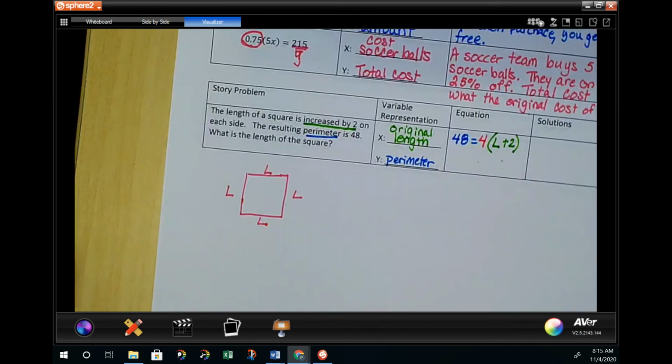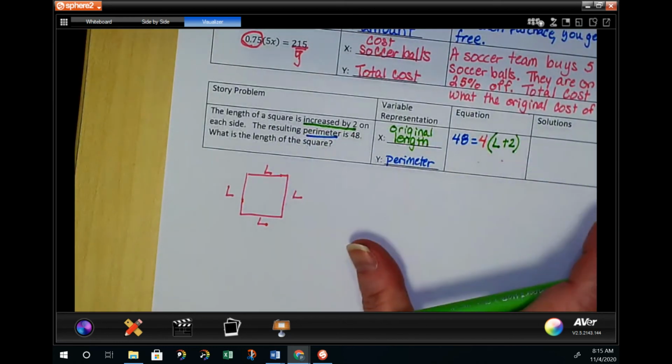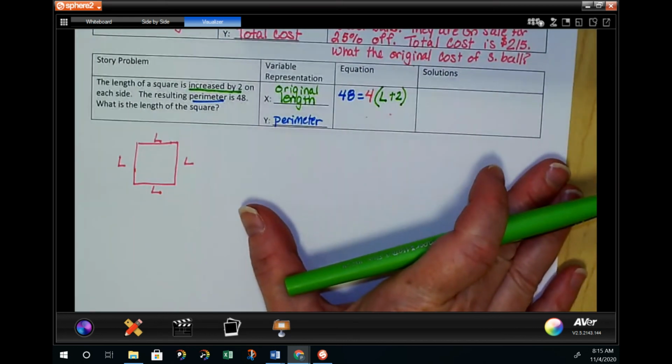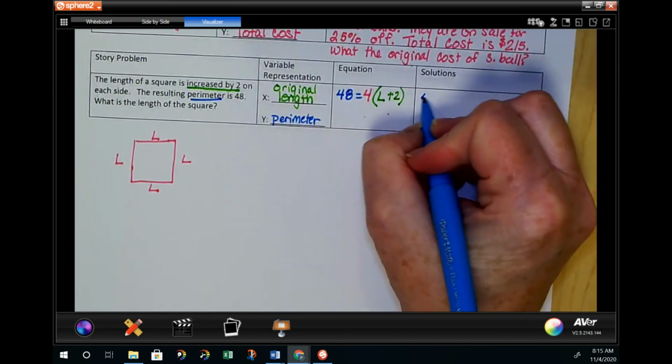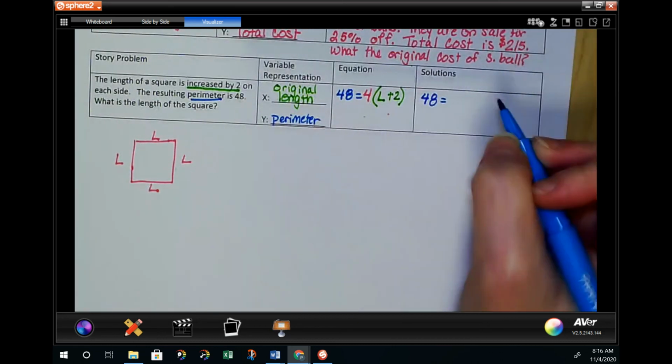So now we've got to solve. Now you've got 48 is equal to 4 times (L plus 2).